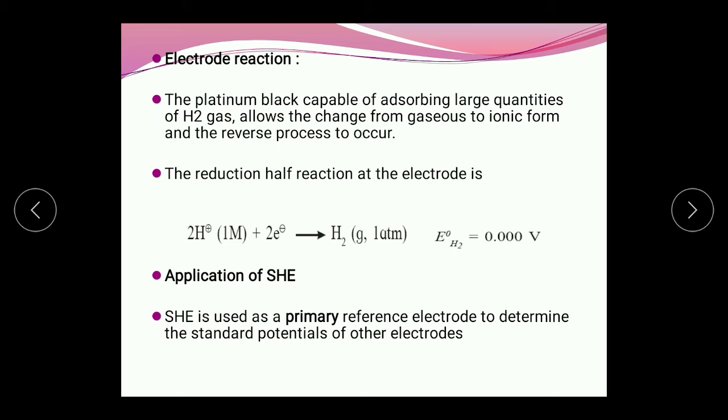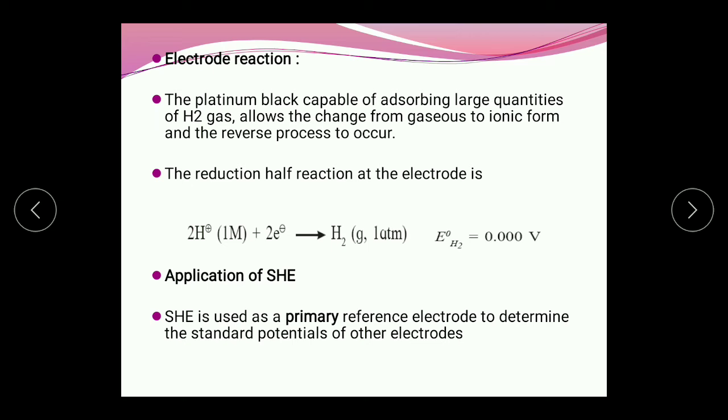If I want to prepare a zinc electrode, then I have to use zinc metal and dip it in a solution of zinc sulfate or any zinc salt, so that it produces Zn plus 2 ions. If I want to prepare an electrode of copper, then dip copper metal in copper ions and connect it to SHE, measure the total cell potential and find out the potential of the single electrode that we have attached. So SHE is a primary reference electrode.